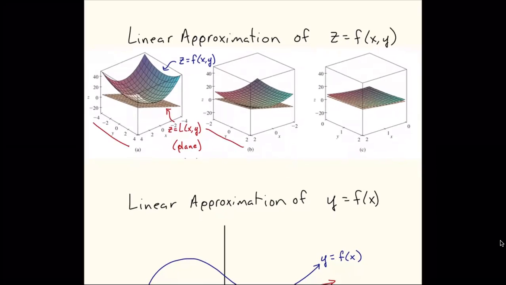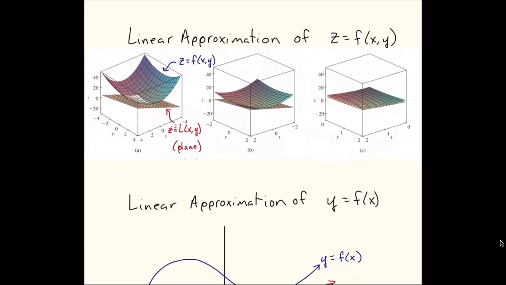Instead of going from -4 to 4, we're going from -2 to 2 in picture B. Okay, as we get a little closer, we realize that the gap between the surface and that plane is getting smaller and smaller. We zoom in again. Note the scale now is from 0 to 2, so half of what the previous scale was. And we see that there's very little error.